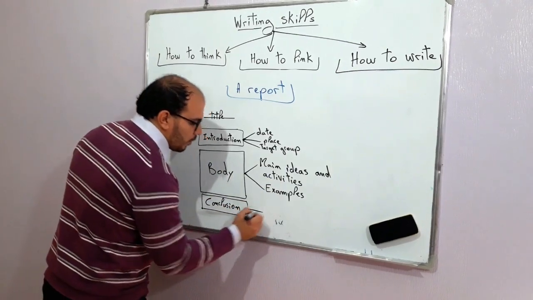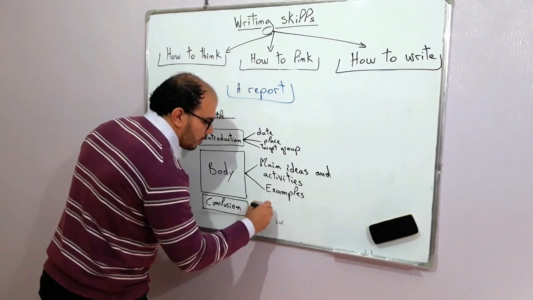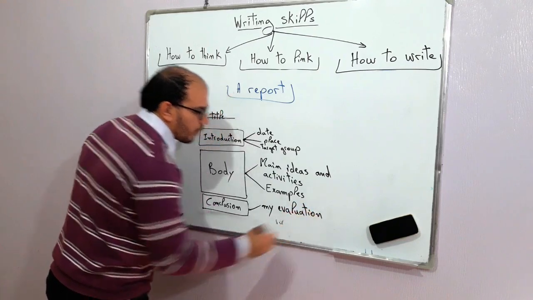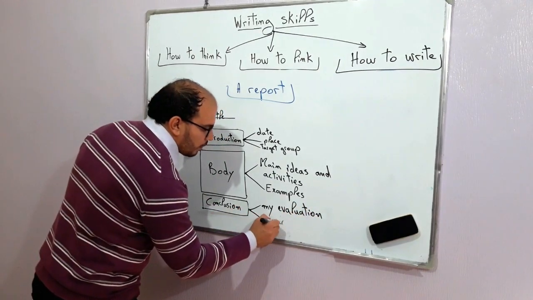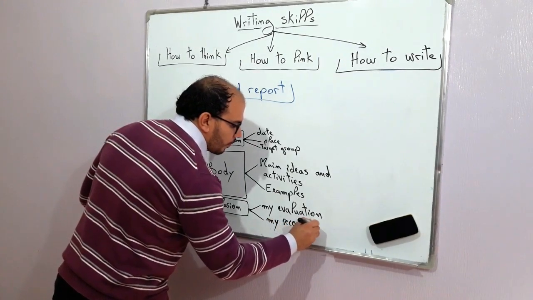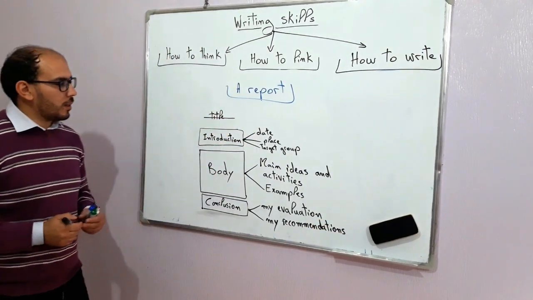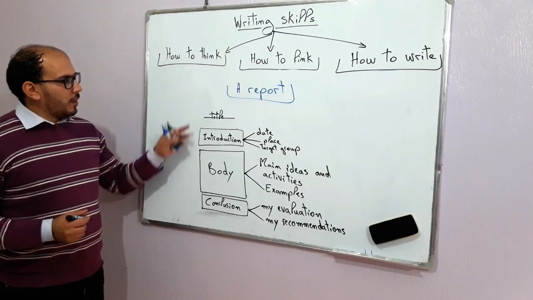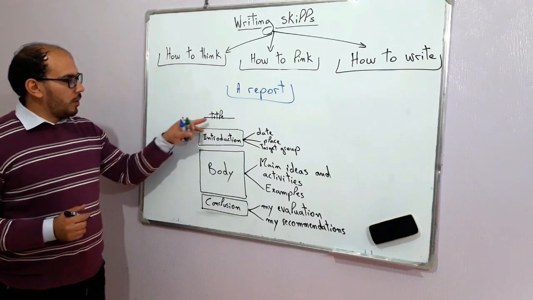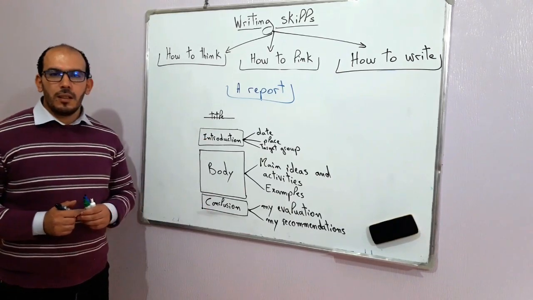And by the end, in terms of the conclusion, I can write my evaluation, or I can write my recommendations, or both of them, it doesn't matter. So this is once again the text structure of a report. There must be a title, an introduction, a body, and a conclusion.